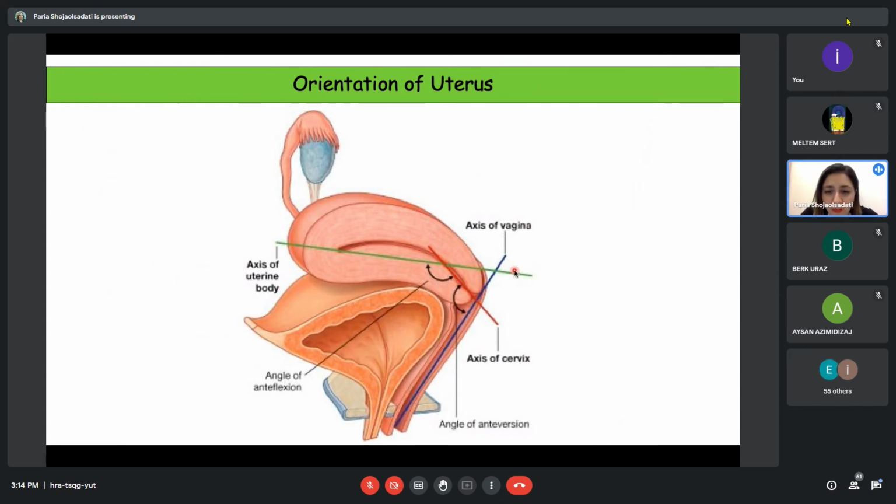This position closes the entrance to the internal cavity of the uterus and makes this region sterile. It's a very important position, and you have to keep in mind that the uterus is located in the anteversion and anteflexion position.